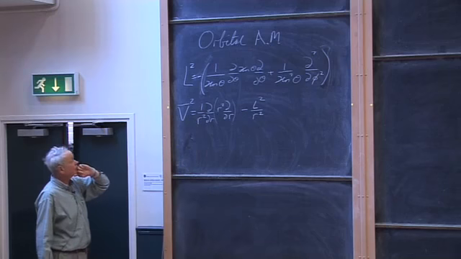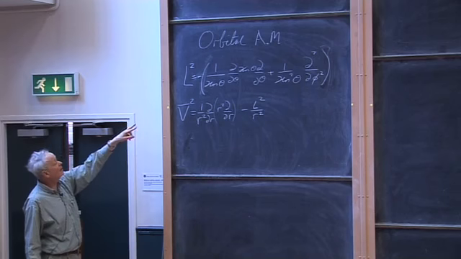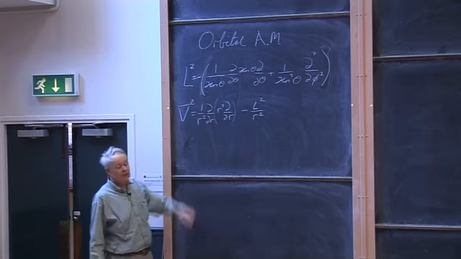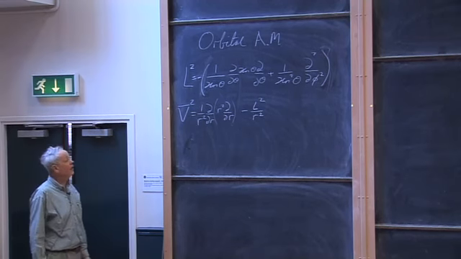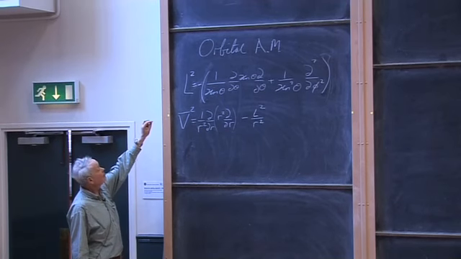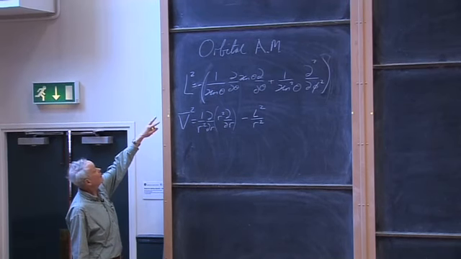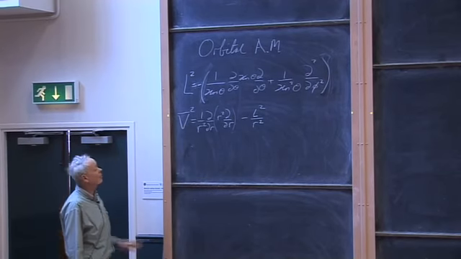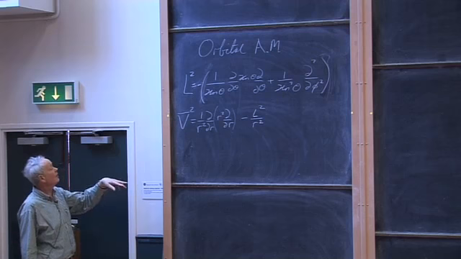And we should recognize that this L squared is minus this combination of partial derivatives with respect to theta and phi. It's minus r squared times the angular part of del squared, the Laplacian, when put into spherical polar coordinates.